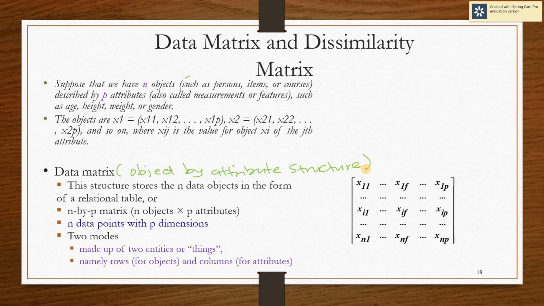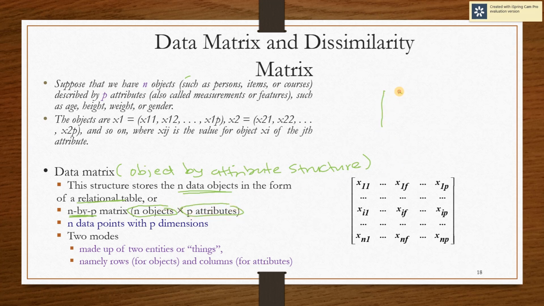It is a structure that stores n data objects in the form of a relational table or n by p matrix, whereby n is our object, our row, and p is our attribute.